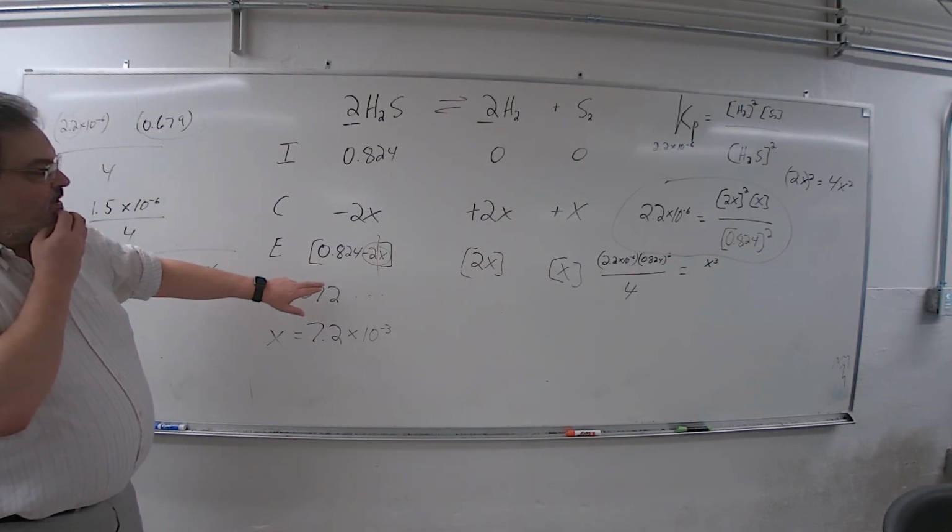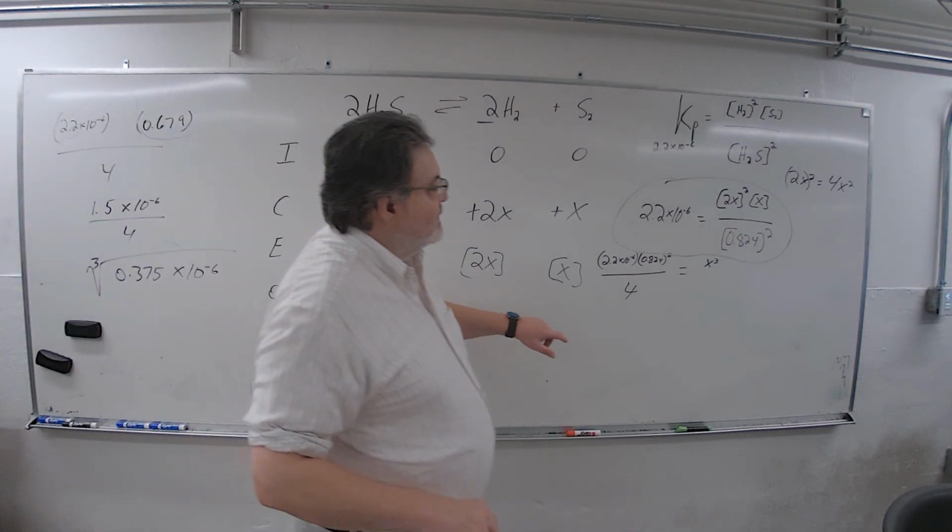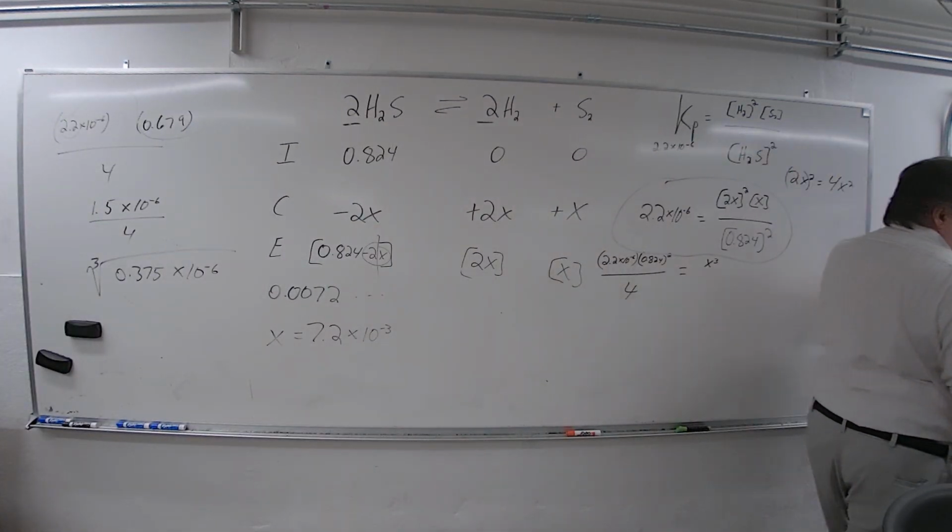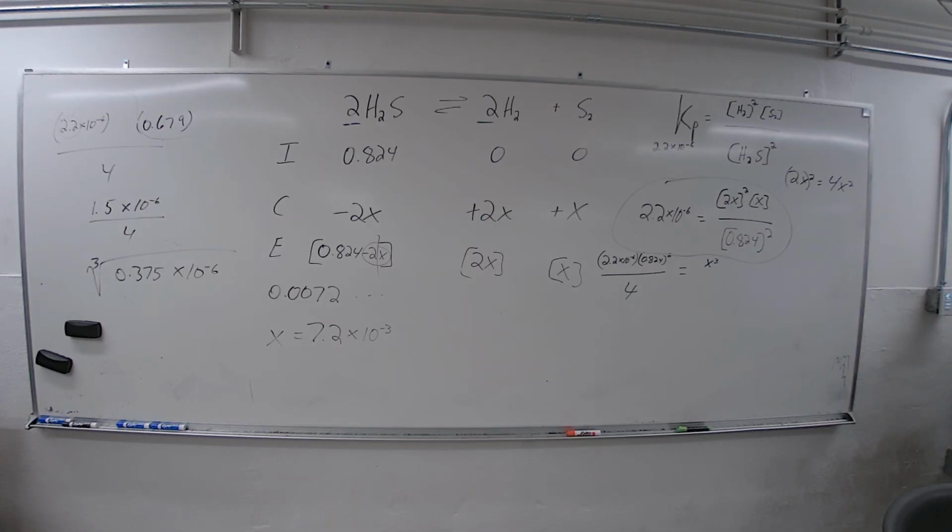So this does need to be squared. Now I'm getting the right answer. Did I just do it wrong? I don't know. I'm doing it. So maybe I did do it right. Well, I got 1.3. And that 10 to the negative 7 can't be right.